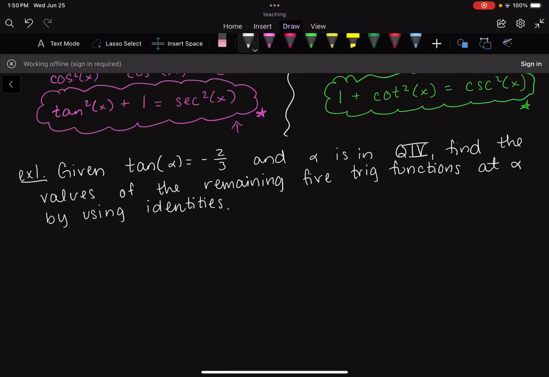This one is actually very similar to something that I had on test 1. That one said to either, I can't remember if it started with sine or cosine, but you had to use the fundamental identity to get the other one. So if it was sine, then you had to use the fundamental to get cosine, and if it was cosine, you had to use the identity to get to sine.